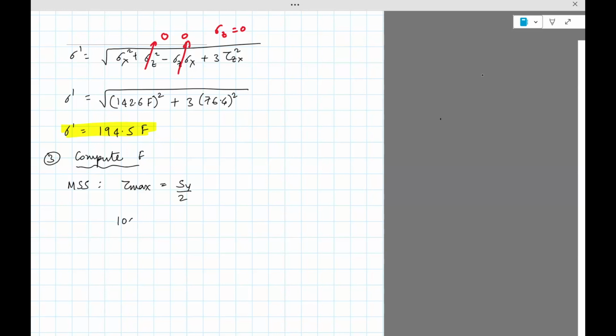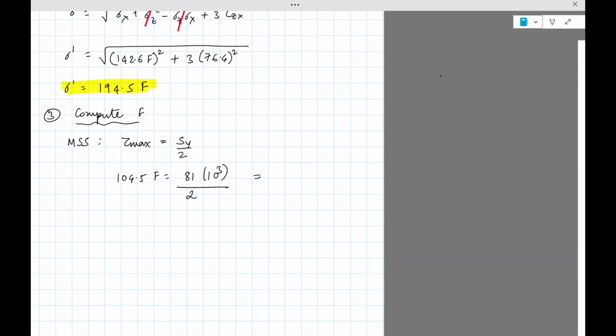So tau max was 104.5 times F. The yield strength given to us is 81 kpsi, so 81 times 10 raised to 3 divided by 2, and we can easily solve for F. F from MSS is 388 pound force.